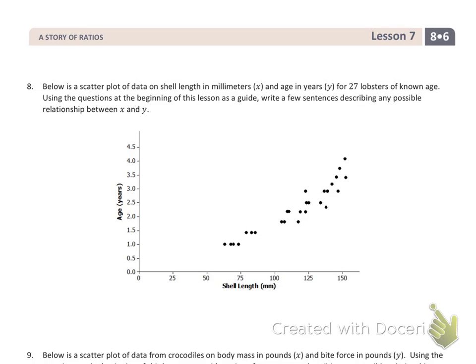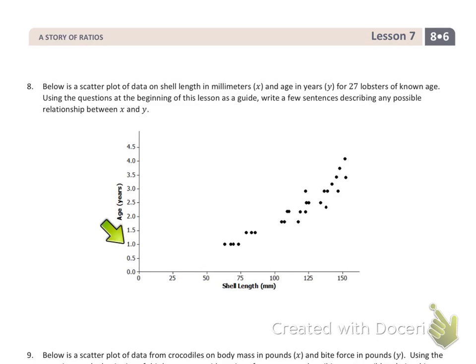Okay, this one is a scatter plot of data on shell length in millimeters for lobsters. So their shell length and their age. So we're plotting shell lengths anywhere from, it looks like, somewhere 60 millimeters up through 160 or something to that effect.